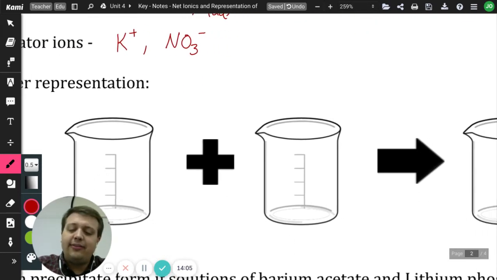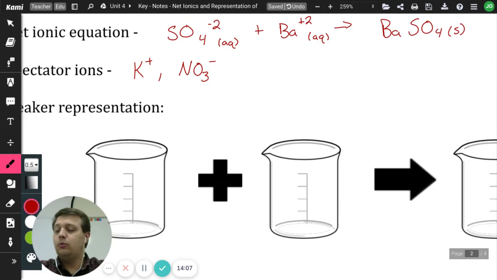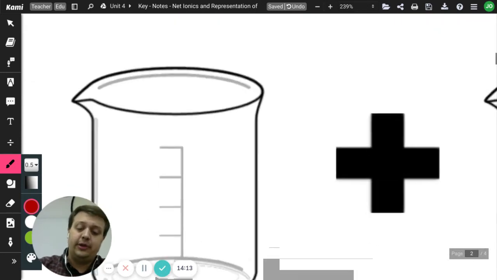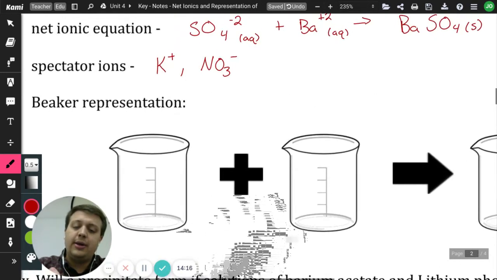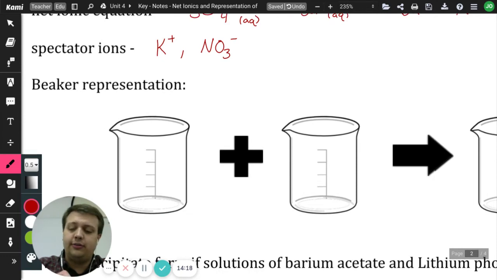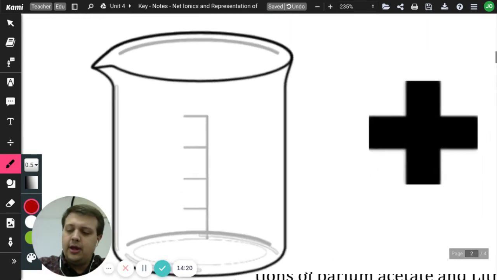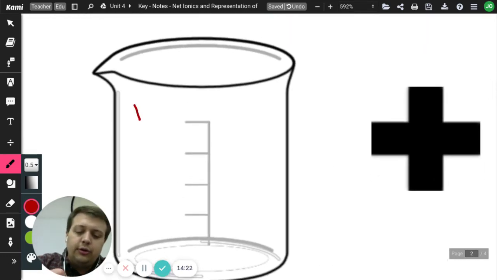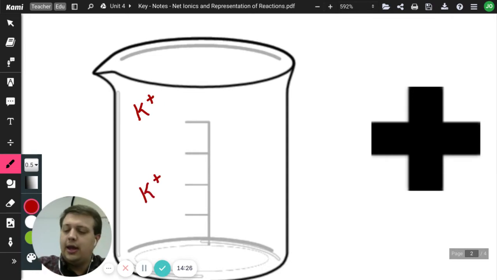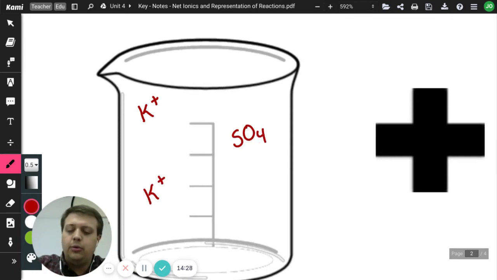The very last thing to do here is what we call a beaker representation. So essentially what this is doing is it's listing out each of our ions that we have. So for my beaker that had K2SO4, I had 2 potassium ions and 1 sulfate ion.